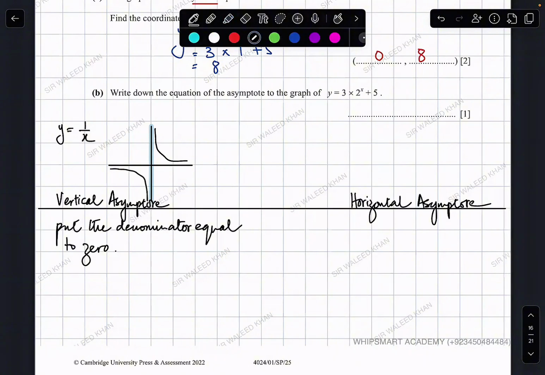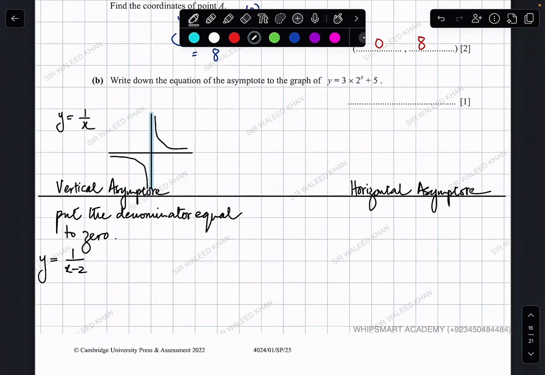Let's say we have another one. One more thing about this: it can shift over here. Let's deal with that in relation to the horizontal asymptote. So we have another one, y is equal to 1 over x minus 2. In this case, if you put the denominator equal to 0, x minus 2 is equal to 0, so x is equal to 2.